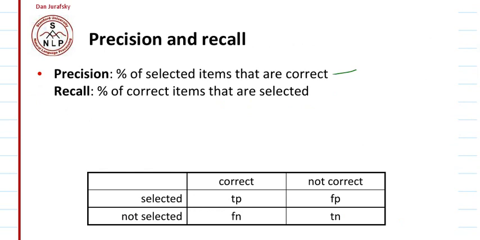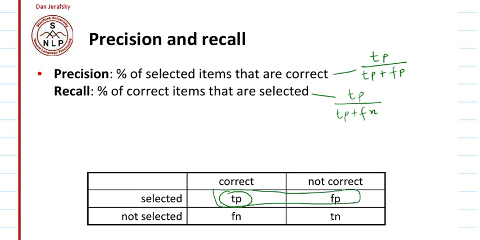That is TP upon TP plus FP, and this is TP upon TP plus FN. So precision is TP divided by TP plus FP. The total number of predicted is TP plus FP, so this is total predicted and this is correct predicted.